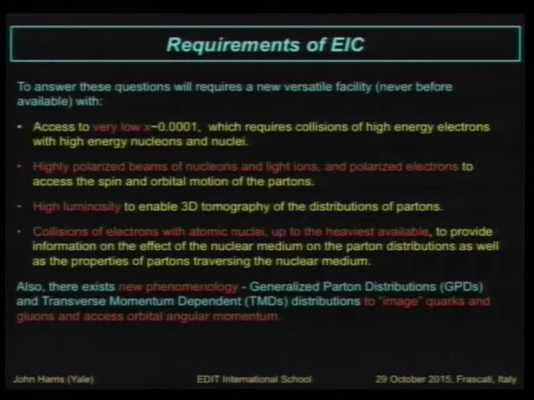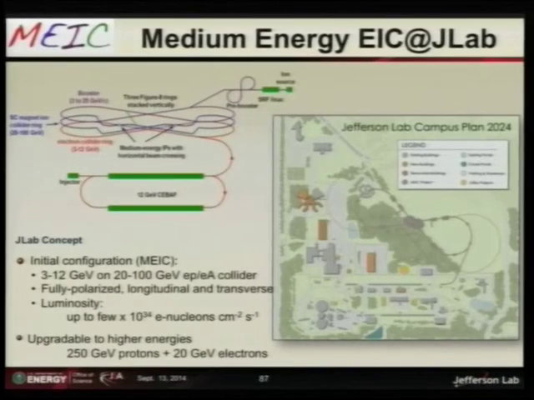There are also new ideas that have come up in the last 20 years about generalized parton distribution functions and transverse momentum dependent distributions, which means that 3D imaging of the gluons would be quite helpful and interesting.